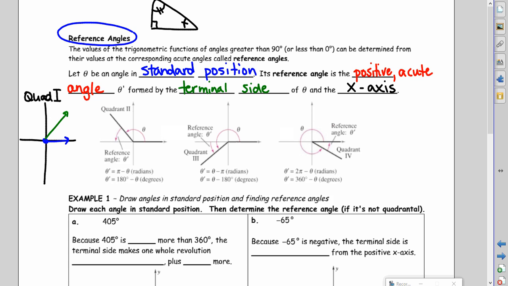So when I draw an angle, my theta right here will already be the positive acute angle between the terminal side and the x-axis. So for this one, my original angle and my reference angle, which I often call theta r, they're calling it theta prime. I lose primes when I write, so I write little r's instead. So the angle and the reference angle are the same angle. Okay. Let's look at the other ones.